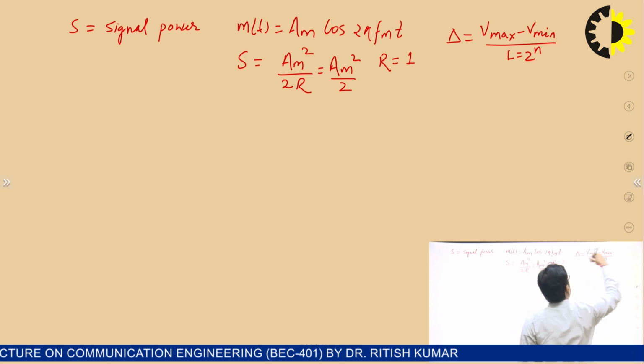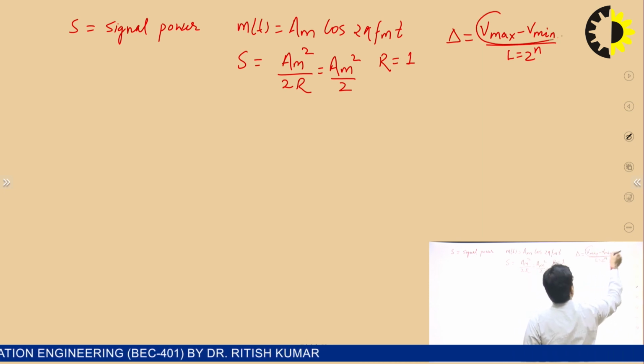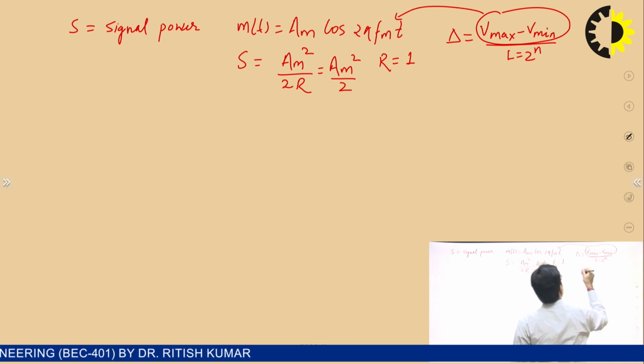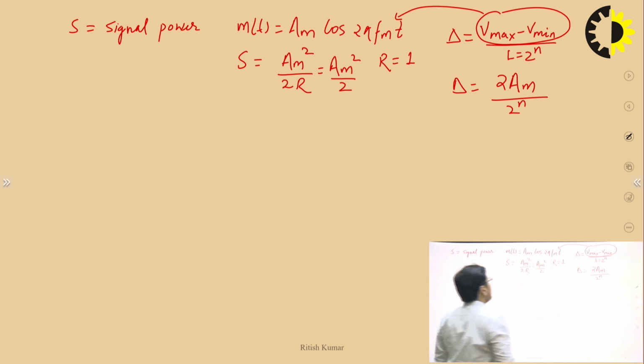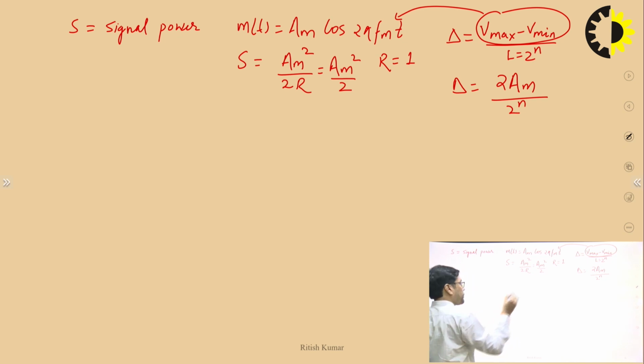So this is the dynamic range, and the dynamic range for this signal should be 2 times of Am upon 2 to the power n, right? So this is delta.